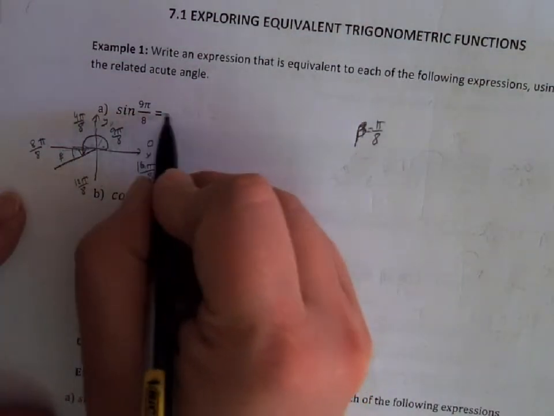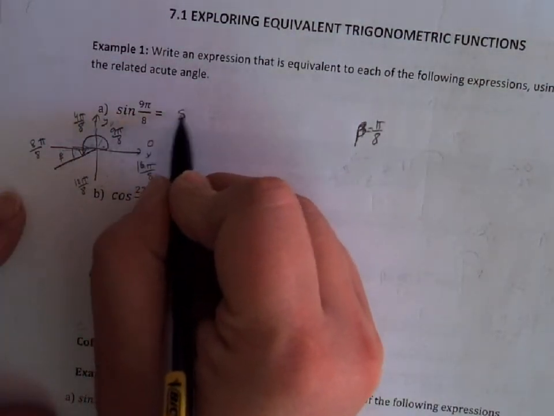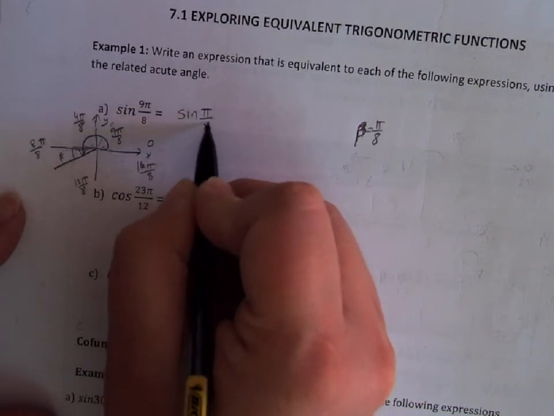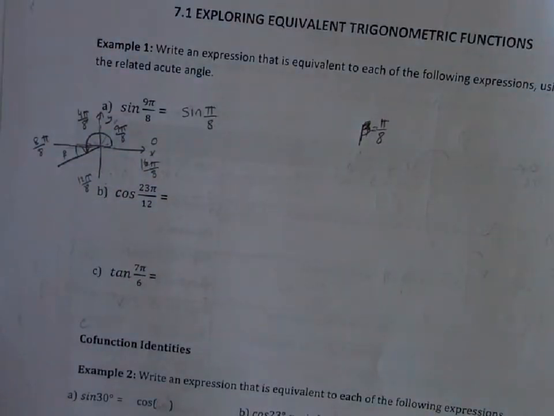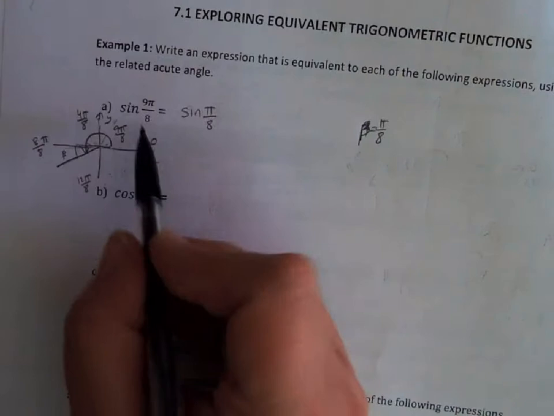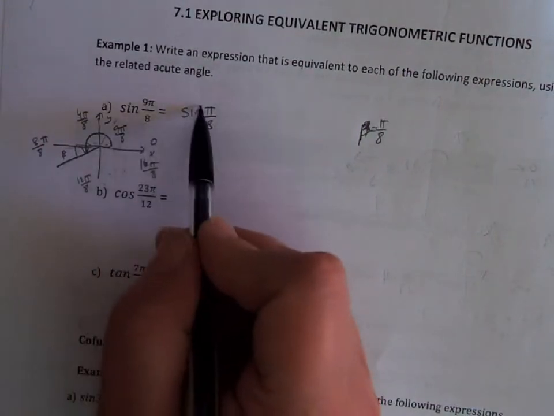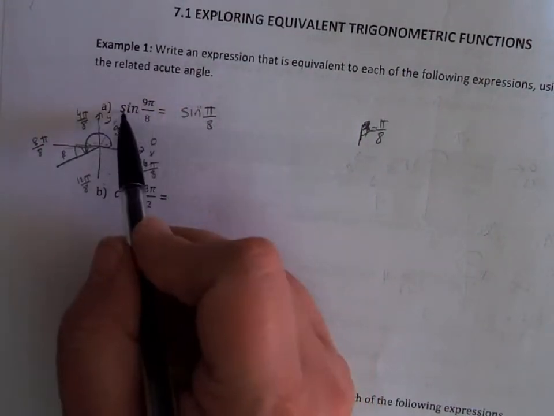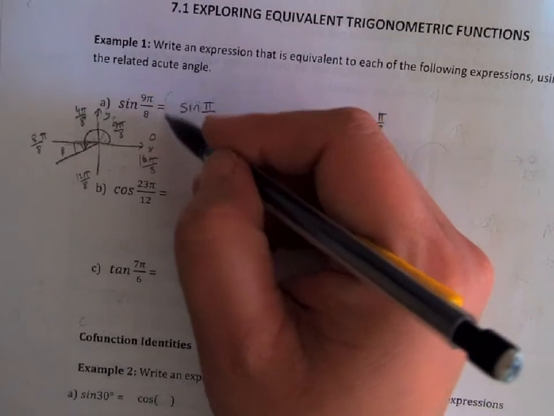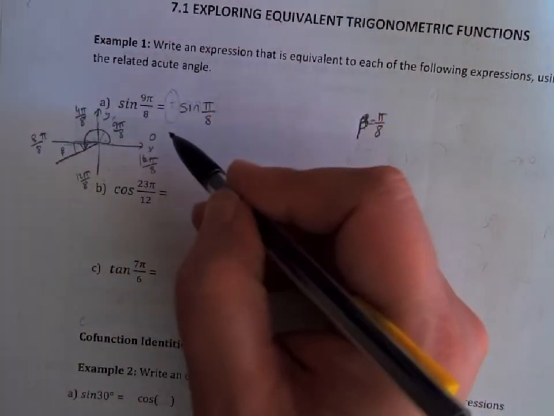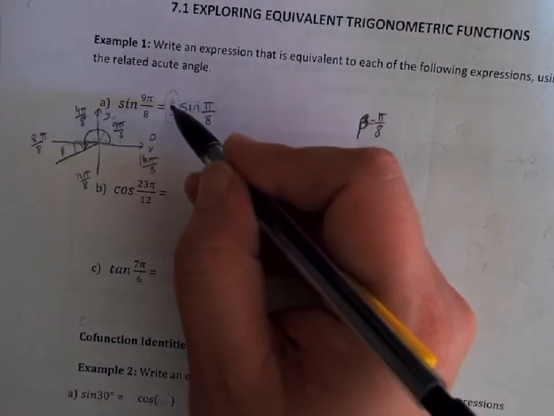Then we are going to write something with pi over 8, sine pi over 8. But now we have to decide if they have the same sign, or one is negative and one is positive. Based on that, we decide if we need to put a positive or negative sign here.